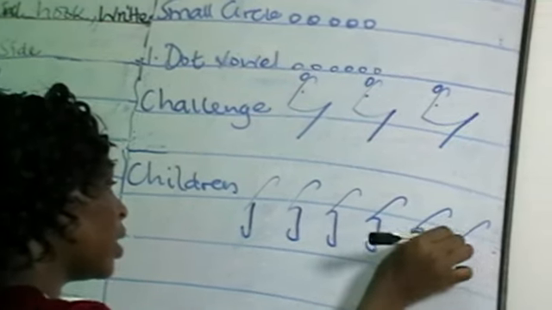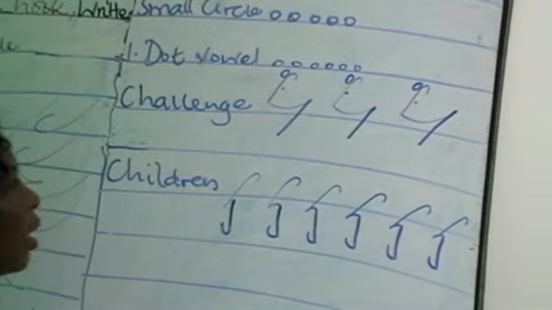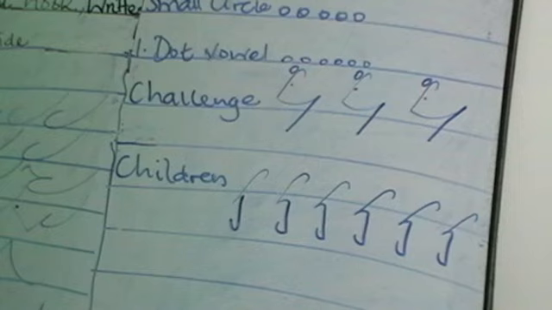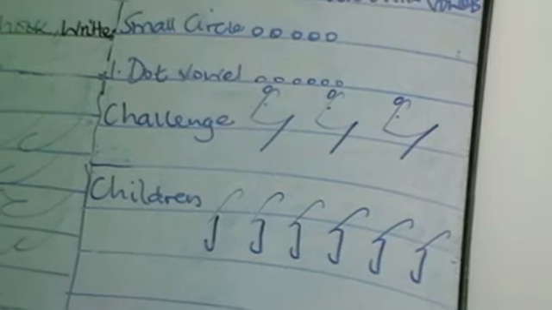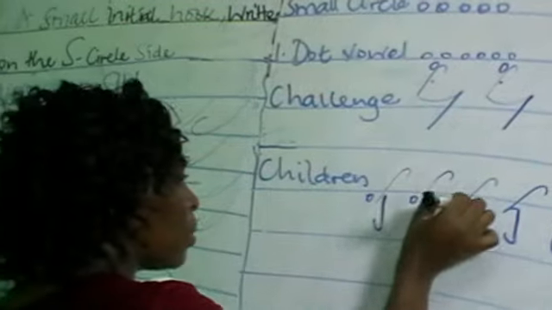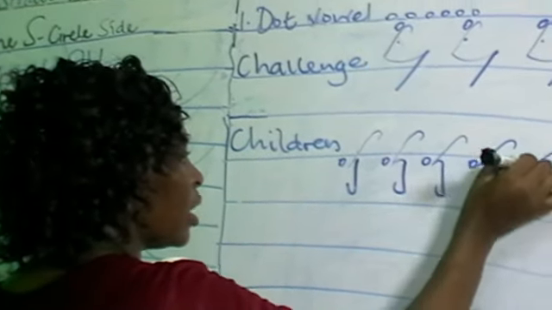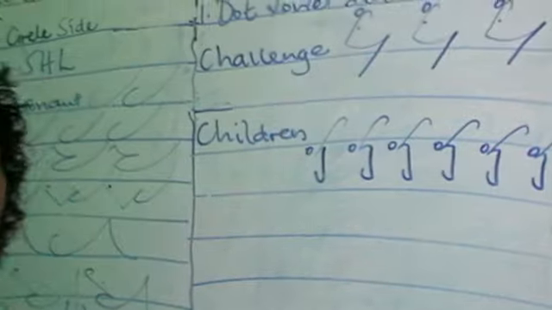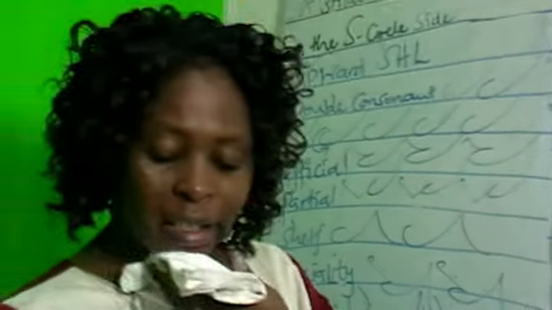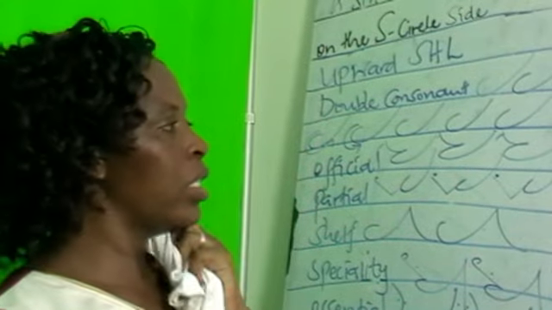That is how we drill the word children. We are drilling the stroke of CH through the line because of long I, and we are supposed to indicate it there, so we replace it with a small circle. The dot vowel, the short I, children.